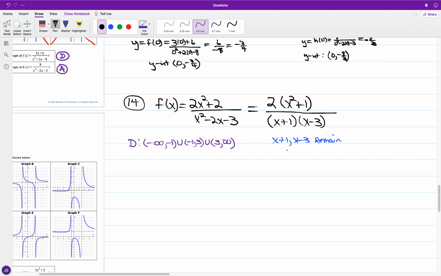And so we'll have the zeros of these to define the vertical asymptotes. So you have x equal to -1 and x equal to 3.